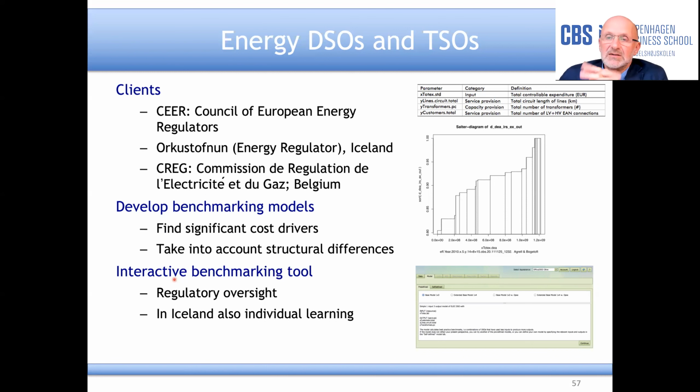But in some cases we also put it into an exactly benchmarking framework, and then the regulator can play with that and can better understand the evaluation of the individual entities that he's regulating. And even in some cases, for example, in Iceland, they wanted the individual companies to be allowed to use the model, so that they could also figure out better ways to provide their services.